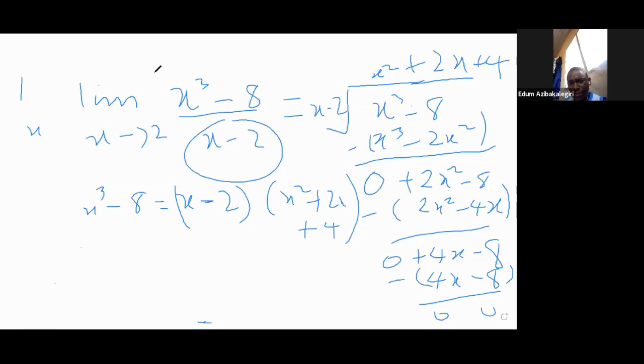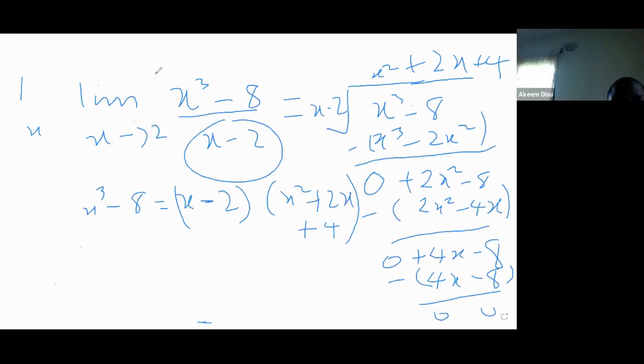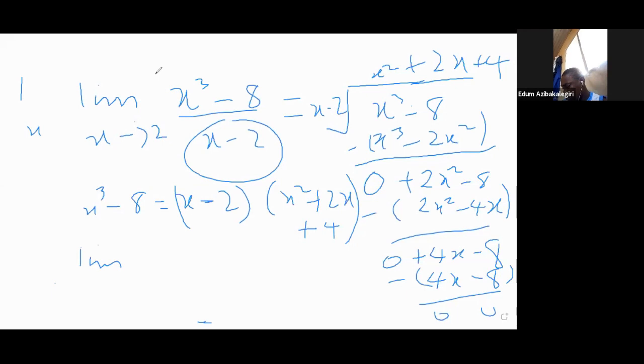Can you see? Then that's the fact back to our main equation. Our main equation is this: the limit of s cubed minus 8 over s minus 2 as s tends to 2.